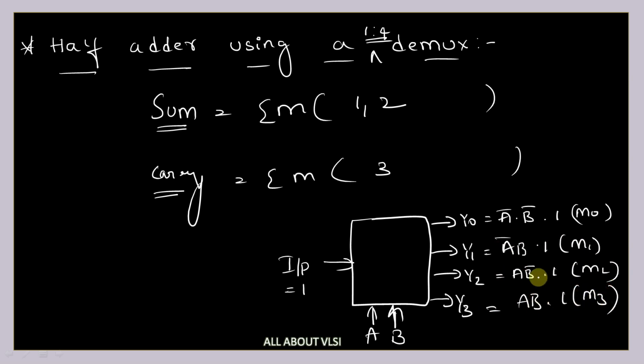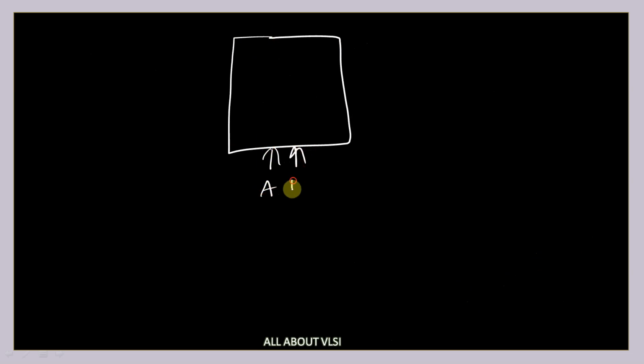So what outputs should we consider? We should consider y1 and y2 and give them to an OR gate to get the sum, and we will consider y3 for getting the carry. So I'm going to take this demultiplexer. This is A B, and here we are going to get our input, which we make ground.